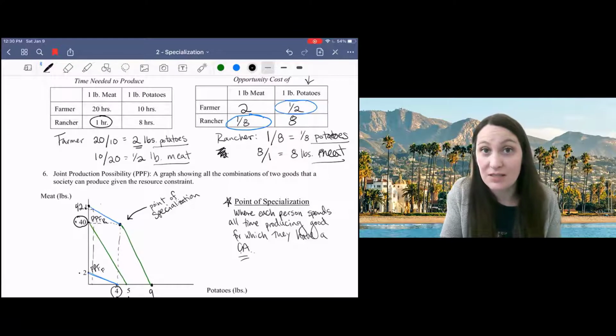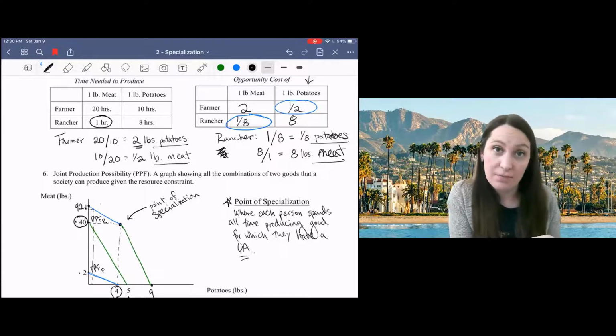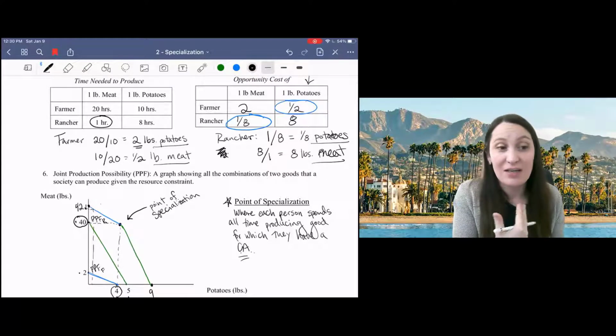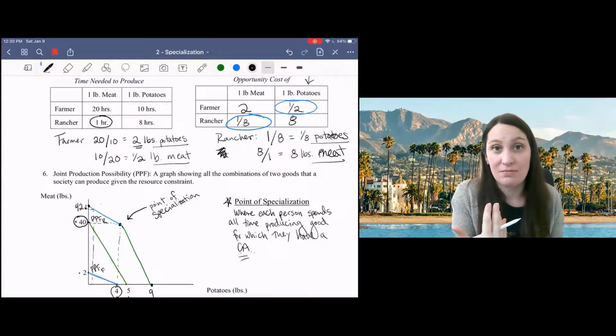Maybe the rancher wants the potatoes. The farmer should still produce them, because in the end, that way we end up as a society with both more meat and more potatoes than if the rancher gave up 8 pounds of meat just to produce that 1 pound of potatoes.